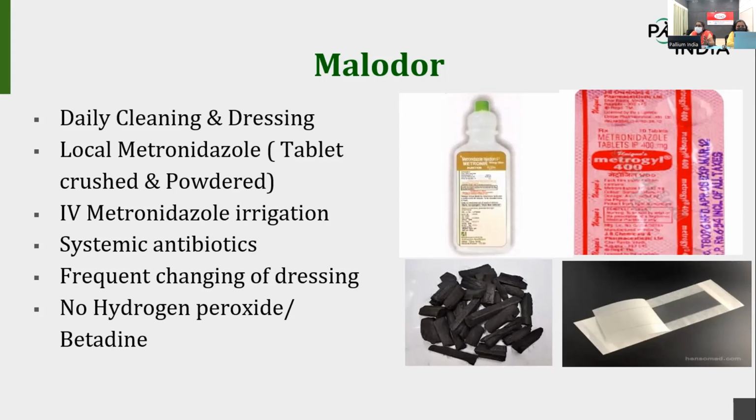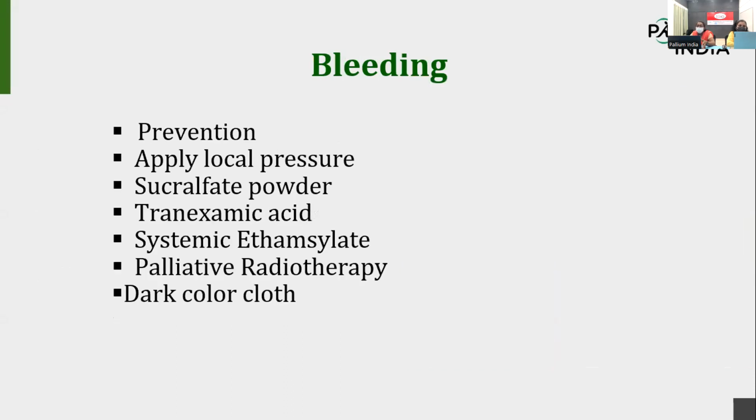If you apply hydrogen peroxide or betadine to this type of wound, it will be irritating and distressing to the patient and will not help the wound. Day by day, proliferating tissue will be there, so it is no use applying hydrogen peroxide and betadine here. You can advise the patient to use normal saline for wound cleaning.